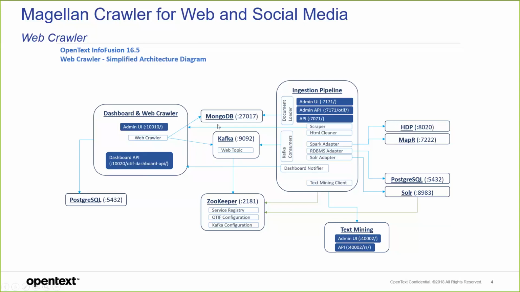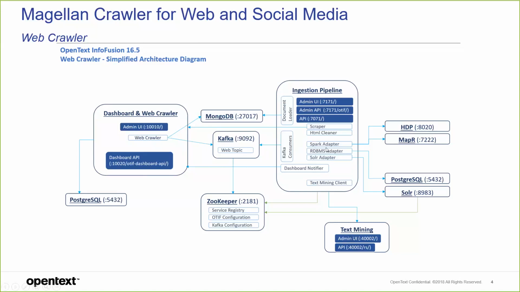The ingestion pipeline uses, again, Kafka to consume the different pieces of it. We have different scrapers, HTML cleaners, and then the ingestion pipeline calls the text mining engine. So think of it this way: when we crawl a website, it feeds into the ingestion pipeline. The ingestion pipeline will then call the text mining engine, and then the text mining engine will return to the ingestion pipeline the results, the semantic metadata.